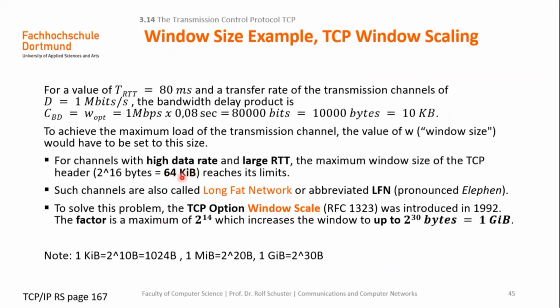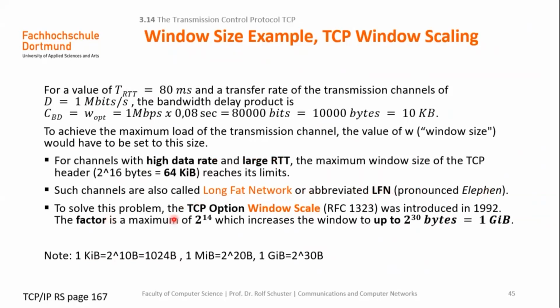Remember that this notation is this one here. 1K byte is in fact 2 to the 10 bytes, that is 1024 bytes, not 1000 bytes. It's a simplification in the notation. Such channels with higher data rates and high round trip times are also called long fat networks, or LFN.